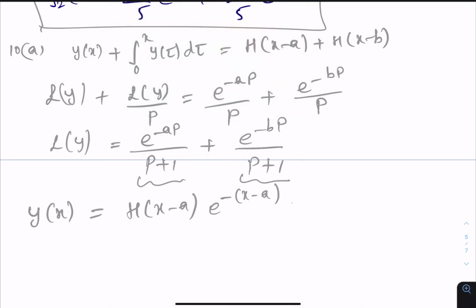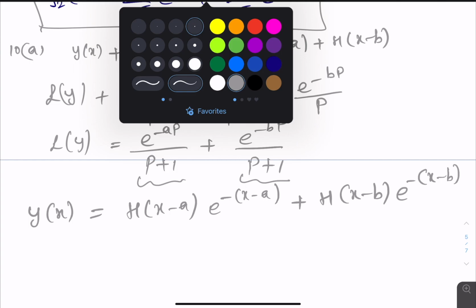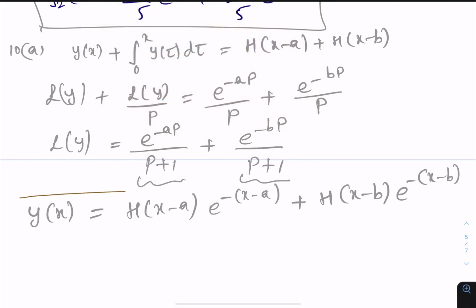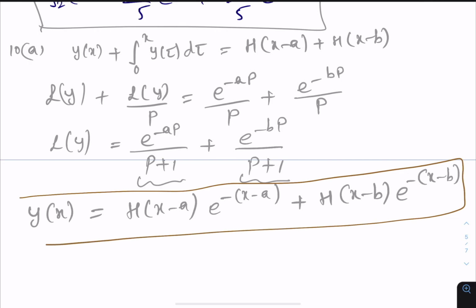Similarly here it's plus h of x minus b times exponential of minus x minus b. Okay, so this is the solution that you get for 10a.